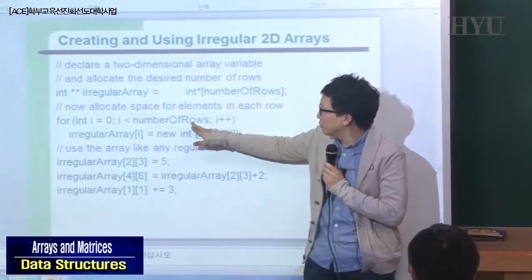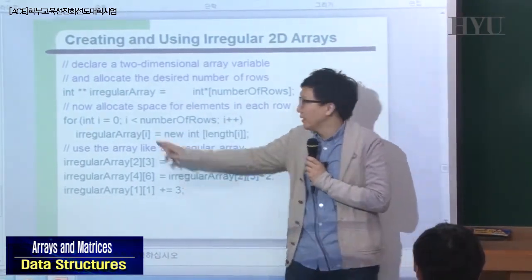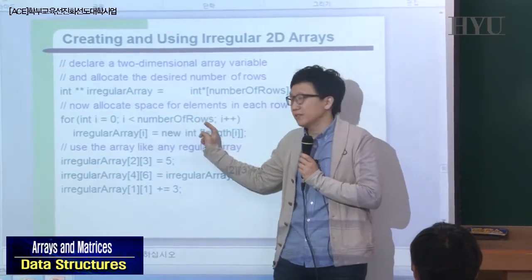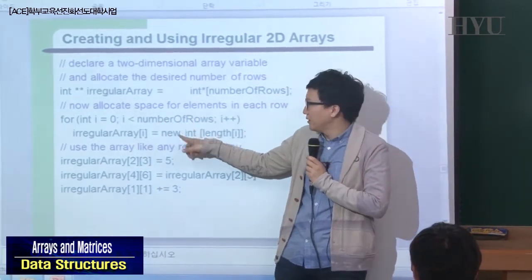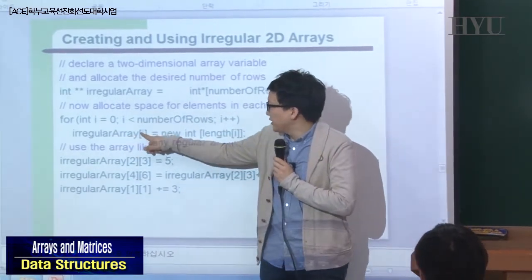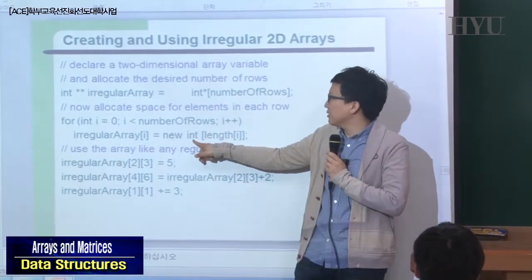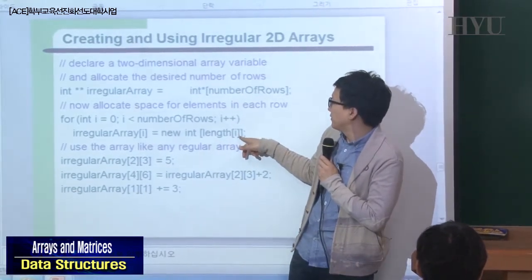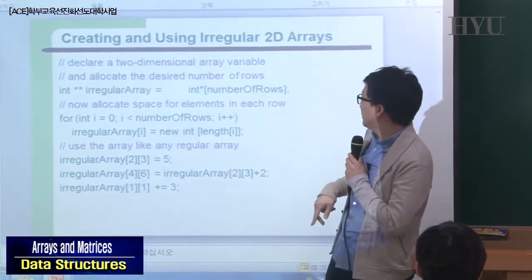The number of rows might be 10, so indices 0 to 9. Array 0 equals a new integer array of length... this should be 1, this is not right.